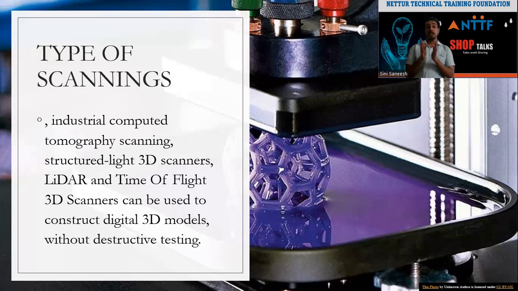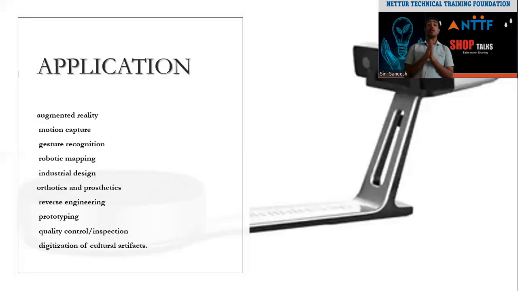Destructive testing is the destruction of objects and scanning their appearance, properties, structure, color, and so on. With 3D scanning, we can find the structure, limitations, and so on without any destructive testing. Now let's talk about its applications. There are augmented reality, motion capture, gesture recognition, robotic mapping, industrial design, and orthotics and prosthetics. Let's explain them more.